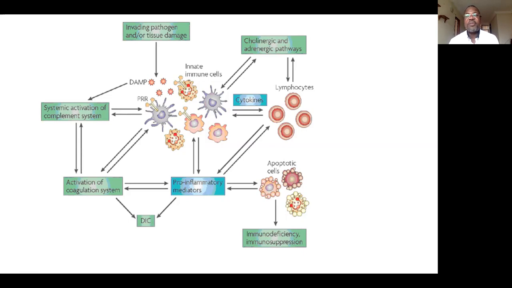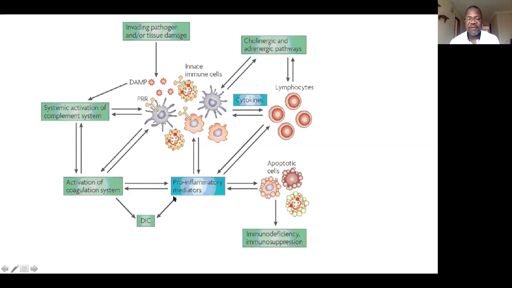So the complement fractions are able themselves to kill the microorganism, or those innate cells and also lymphocytes that are attracted are also able to destroy the pathogen. Activation of the complement system will lead to the activation of the coagulation system, and this patient can progress toward DIC.